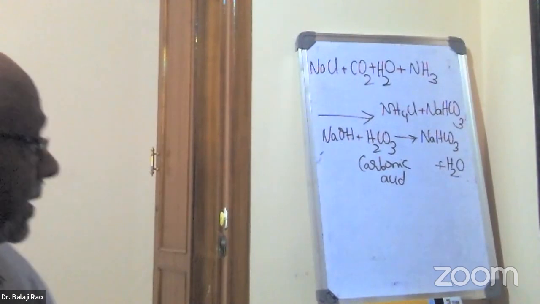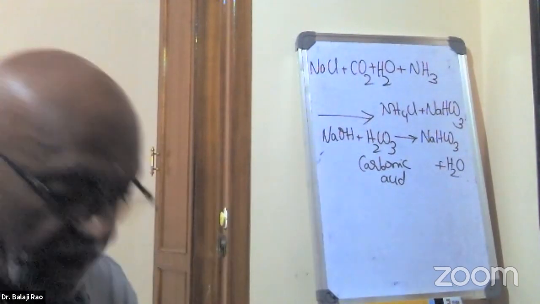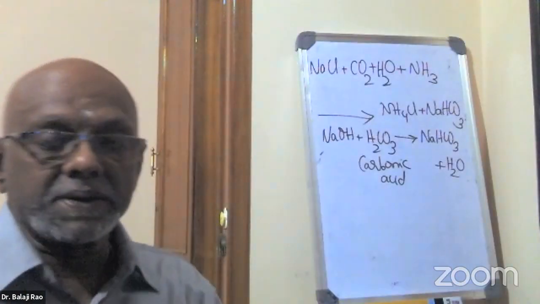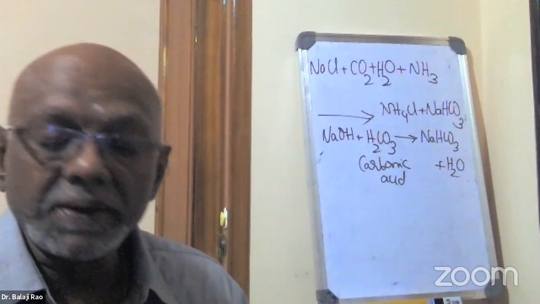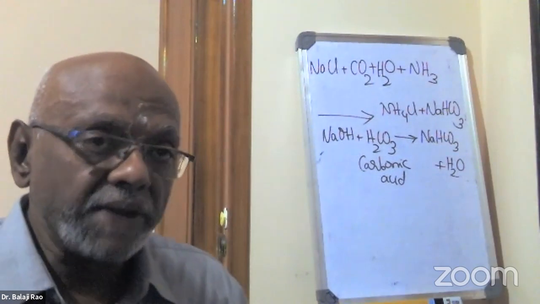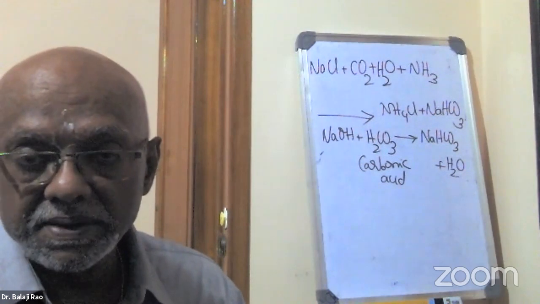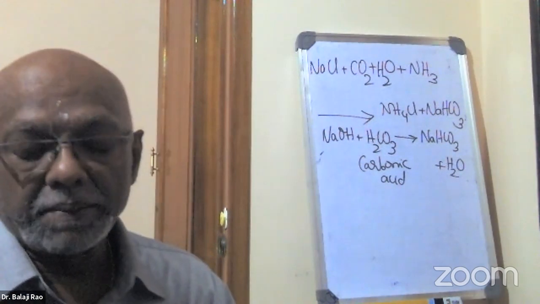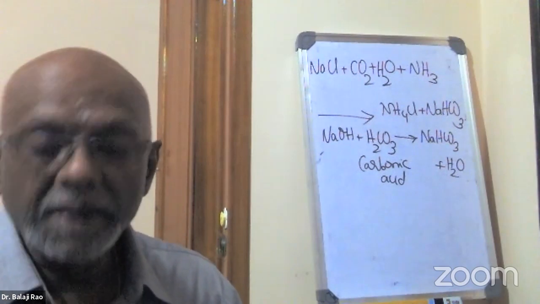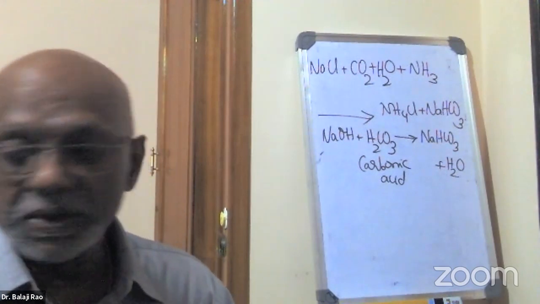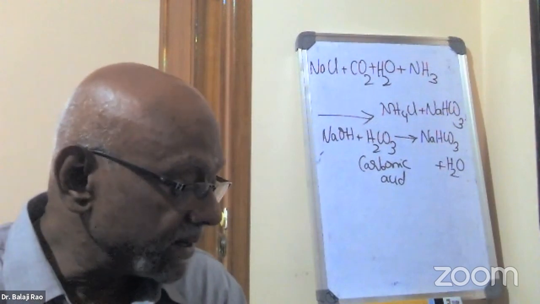Now, because of this, when it is dissolved in water, it will give me sodium hydroxide and carbonic acid. And because sodium hydroxide is a strong base, that means it undergoes complete ionization. It produces a larger number of hydroxyl ions compared to the number of hydrogen ions produced from the weak carbonic acid. Therefore, the solution will be slightly basic in nature.